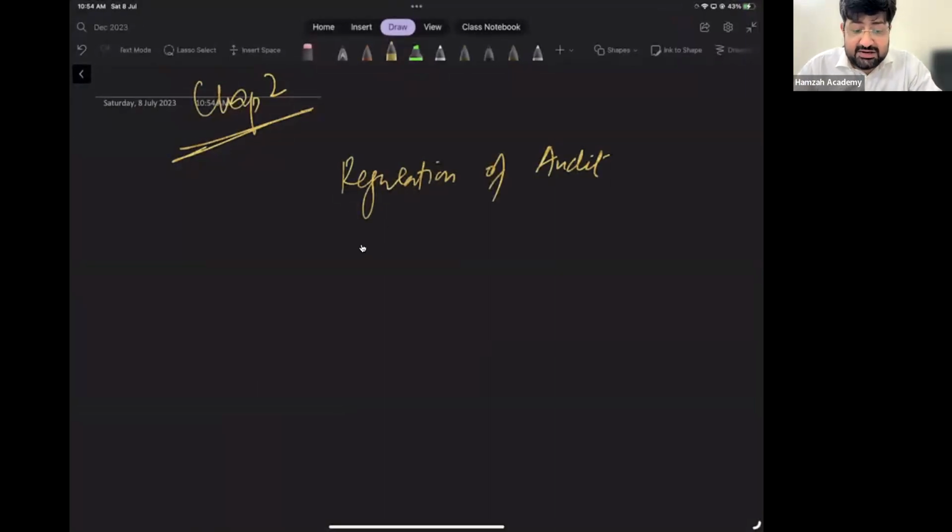What is meant by regulation? Yes. Tell me. Anyone?